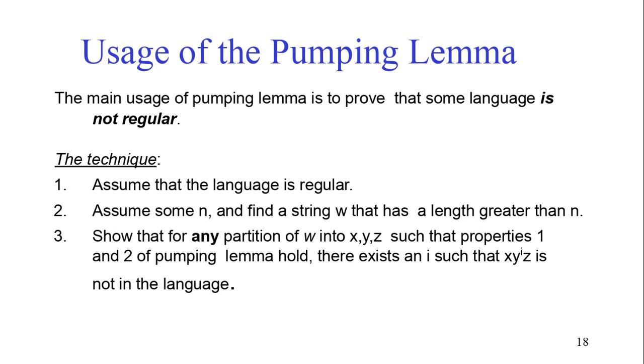If x, y raised to power i, and z satisfy those conditions, we can say that language is a regular language. But in most cases, it does not satisfy the pumping lemma, and that's how we prove that it is not a regular language. We will take some examples.